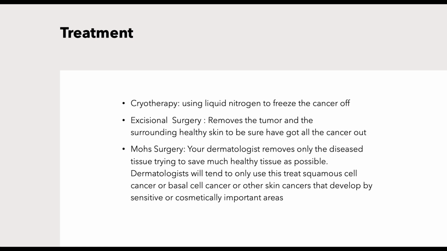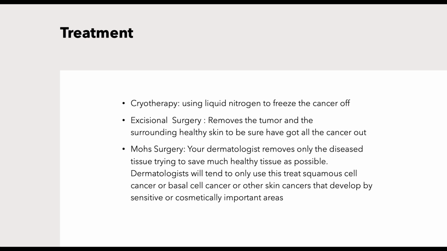Treatments. Treatment depends on the type and stage of the skin cancer. These treatments include cryotherapy, excisional surgery, and Mohs surgery. Cryotherapy freezes and destroys abnormal tissue using liquid nitrogen and is good for small, early cancers. In excisional surgery, the surgeon removes the tumor plus some surrounding healthy tissue to ensure all cancer cells are gone.